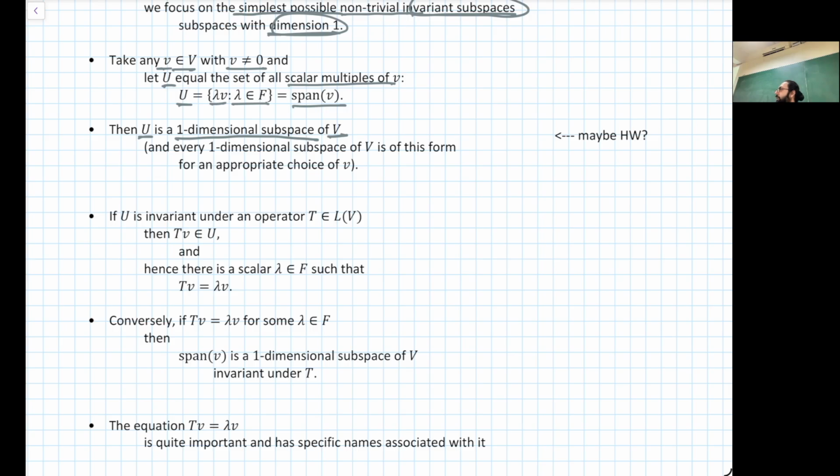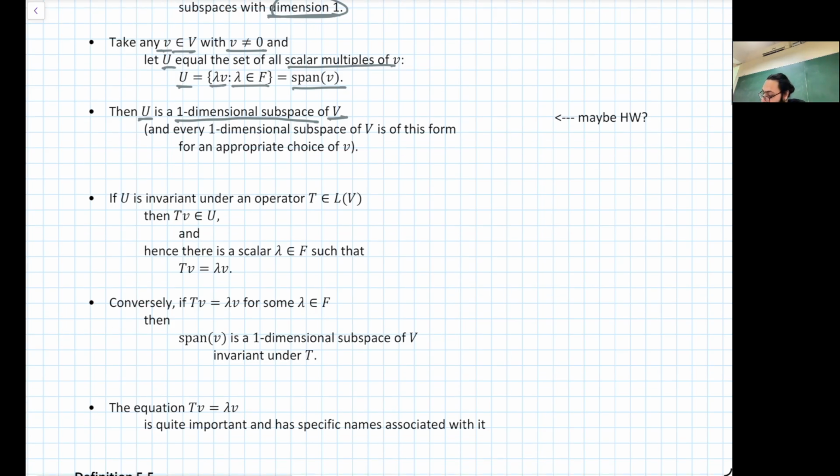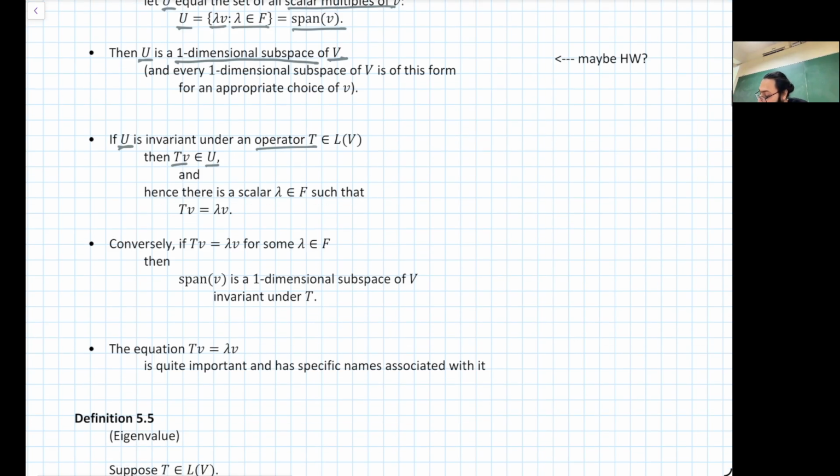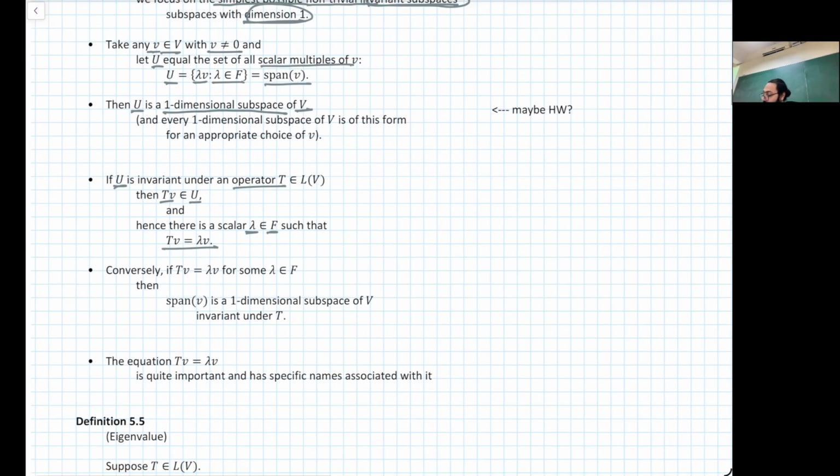You take one vector, you scale it, it will give you the subspace. So if U is invariant under an operator T, then Tv belongs to U. That's just the definition of invariant subspace. And hence there is a scalar lambda in F such that Tv equals lambda v. This is completely trivial.